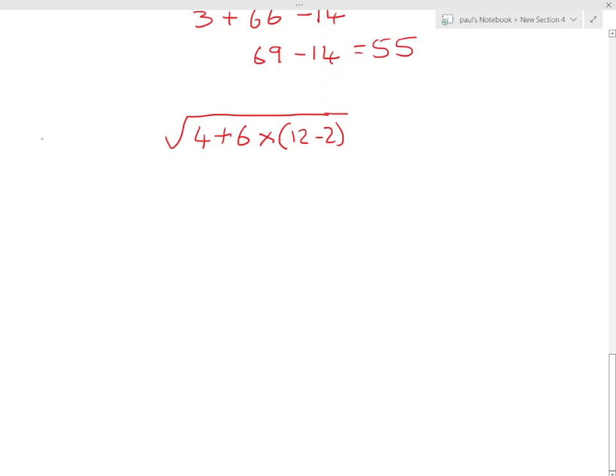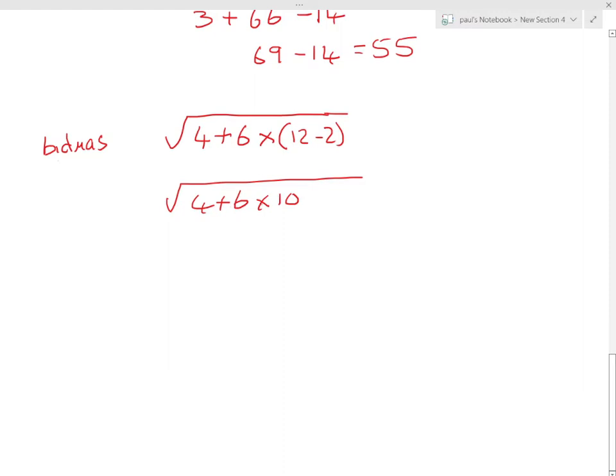Now, if we go BIDMAS, the indices, we've got brackets in there, and then we've got the indices. But the problem is that if we do this bracket first, which is 12 minus 2 is 10, so we've got 4 plus 6 times 10, we can't actually do the square root until we've done all this.